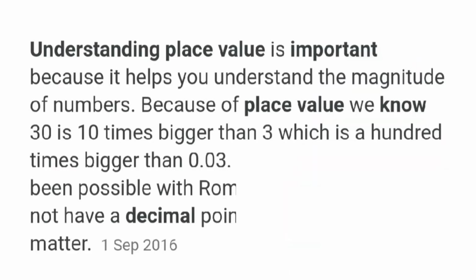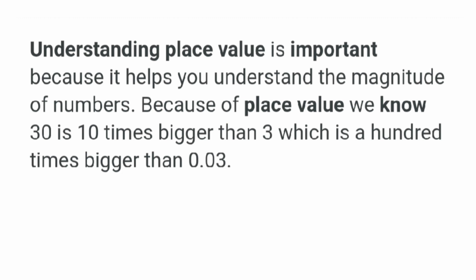So I have here why it is important to understand how to read place value and value of decimals. Children, understanding place value is important because it helps you understand the magnitude of numbers. Because of place value, we know 30 is 10 times bigger than 3, which is 100 times bigger than 300ths.